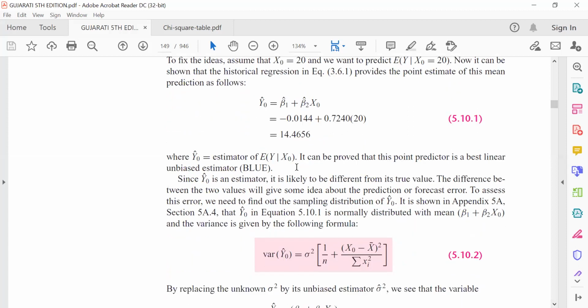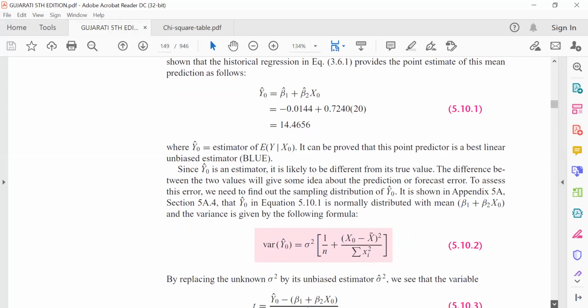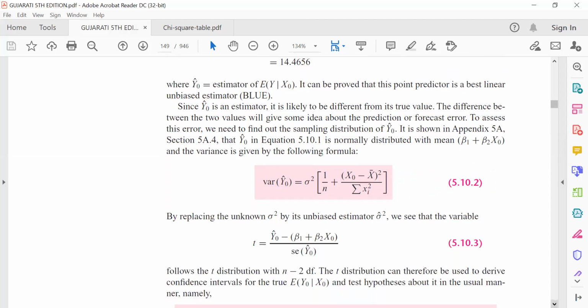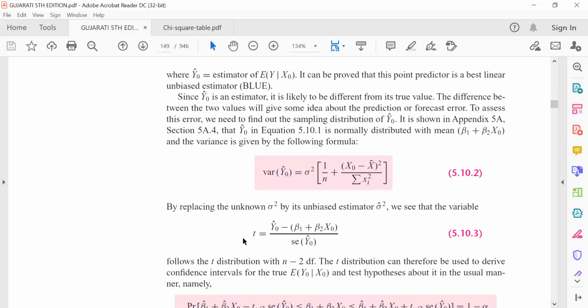After that, we calculate the variance of the prediction. This is the formula 5.10.2. And then we use the same standard t distribution.